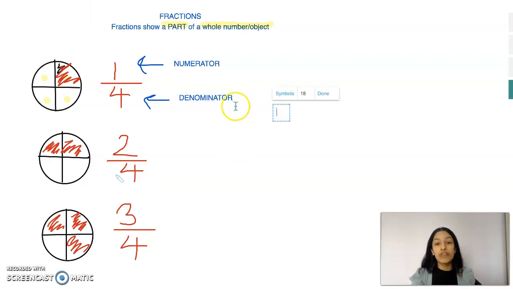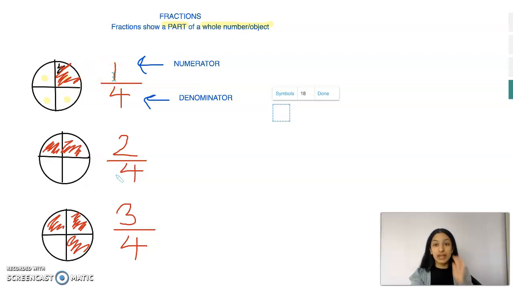Now, the numerator shows the number of sections that we have taken out, or the number of sections we have shaded in. It shows a part of the whole thing. So we can see here that we have shaded 1. So 1 will go at the top.